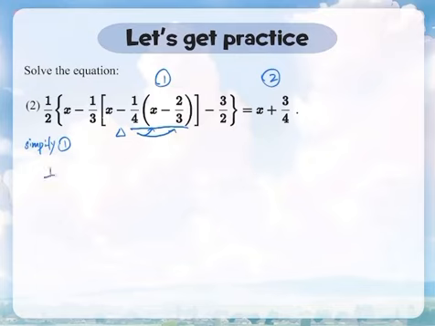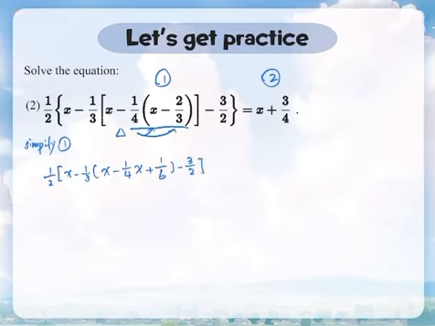So this is what I get: 1/2 multiplied by x minus 1/3, and inside of the parenthesis, it's going to be x minus 1/4 plus 1/6. So this is what we have in our first step.